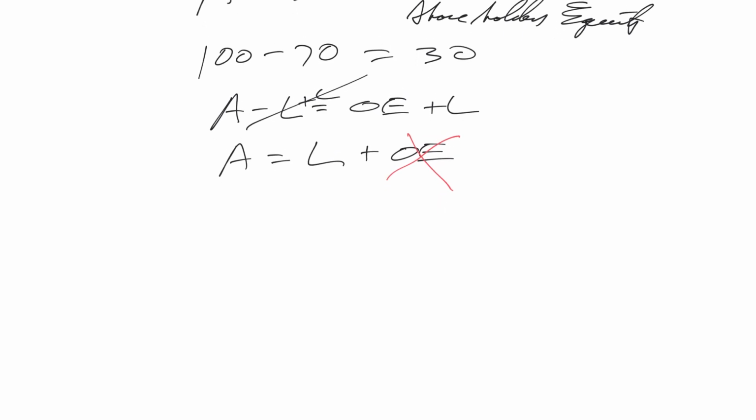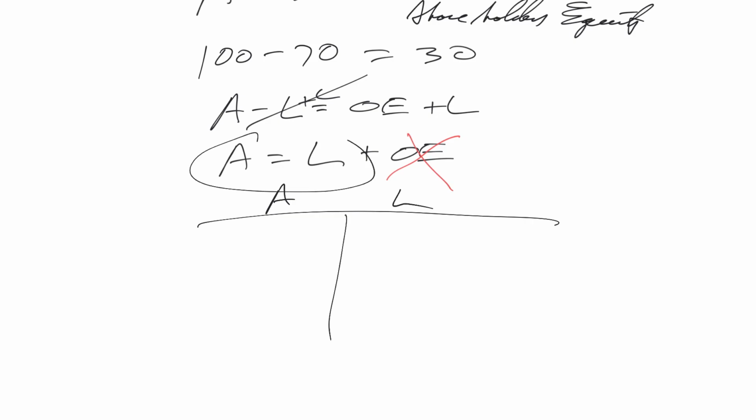So we're going to use a T account. We'll put assets on one side, liabilities on the other, and ignoring owner's equity, that leaves us with assets equal liabilities. In other words, this column has got to equal this column.